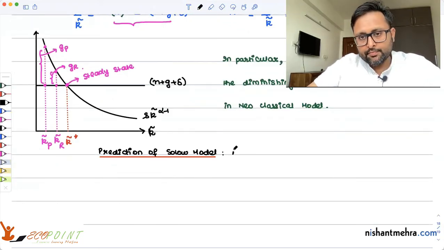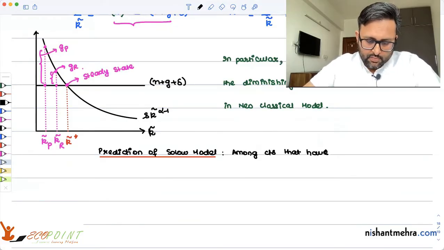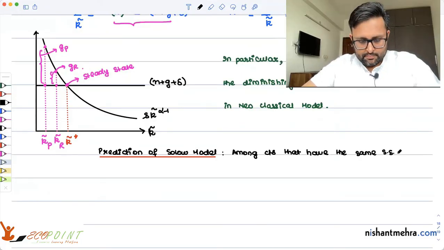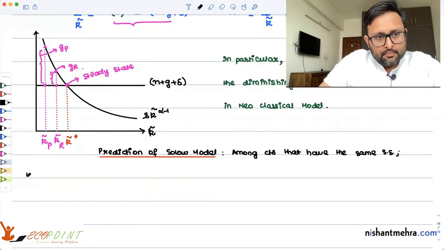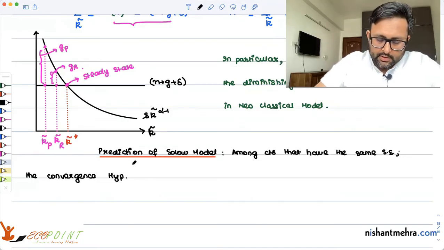Among countries that have the same steady state, the convergence hypothesis should hold.